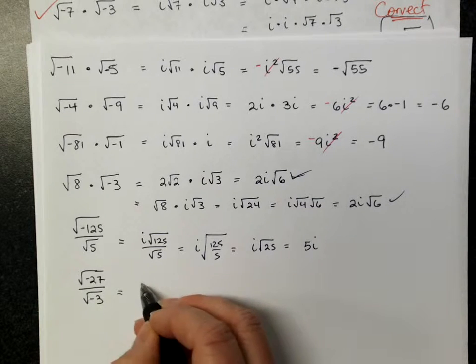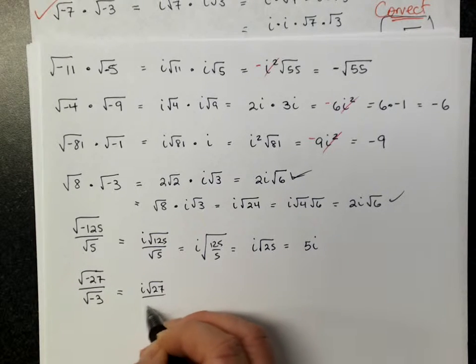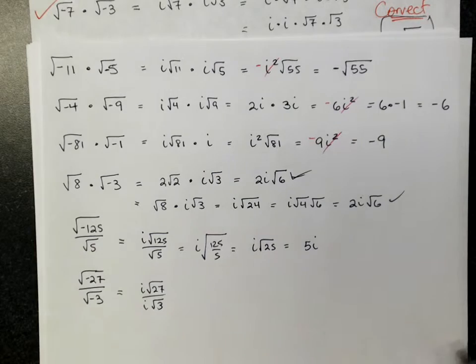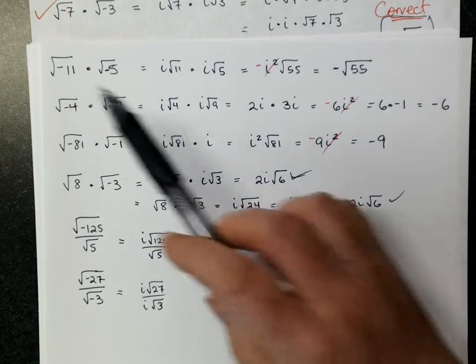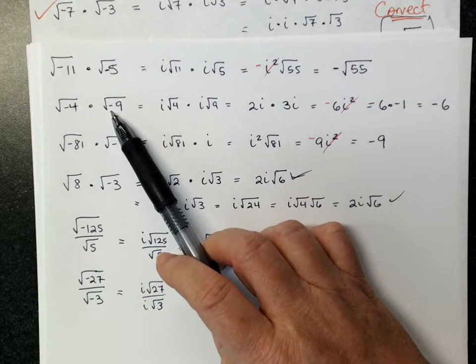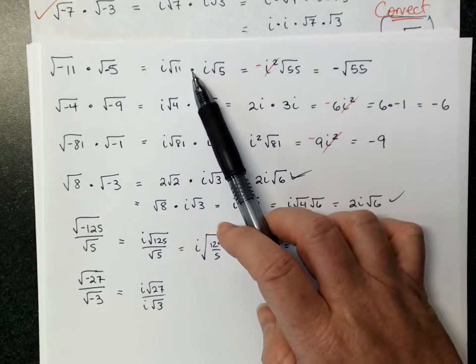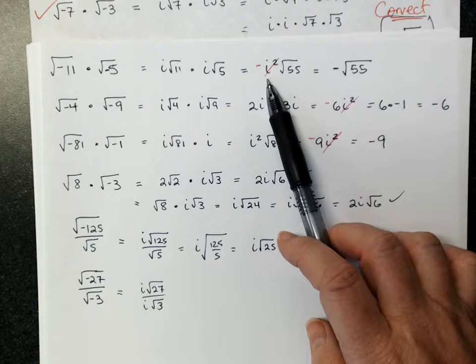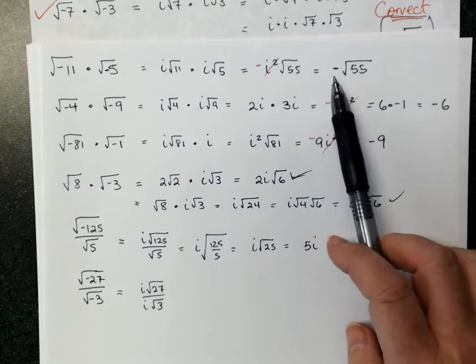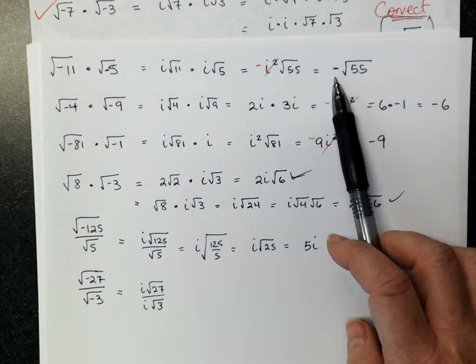These both have i's. Now, with the product rule, if they both had i's, then 2 i's got pulled out, and by the product rule, we're multiplying, so I times I was I squared, and I squared became negative 1.